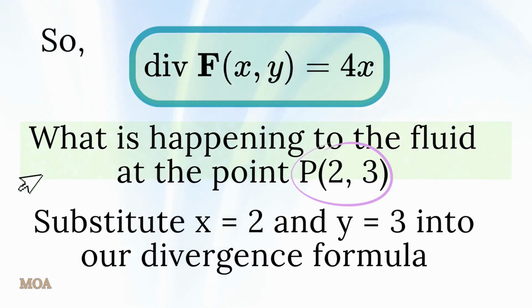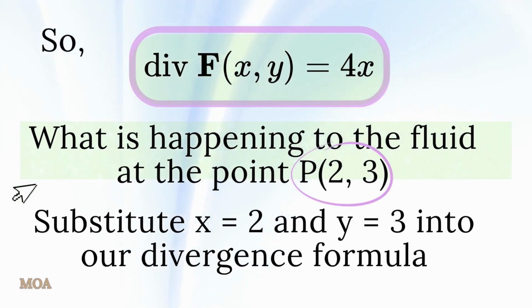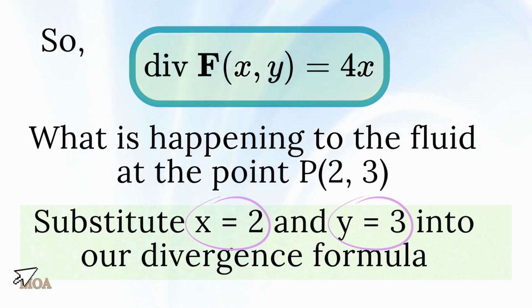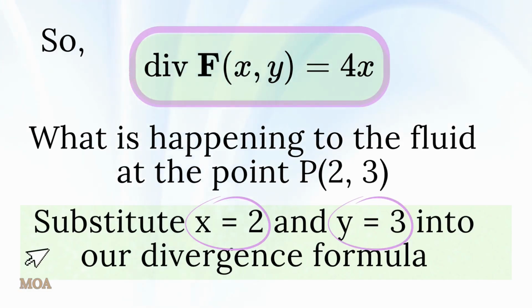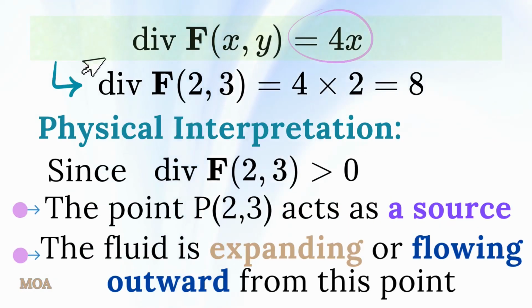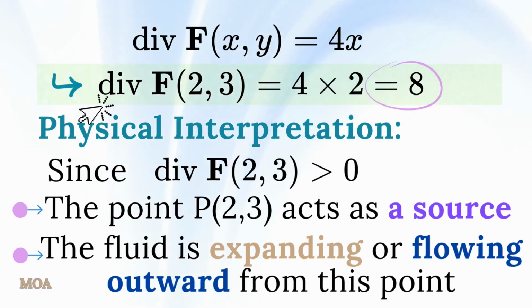Now, to find what is happening to the fluid at the point P(2, 3), substitute x equals 2 and y equals 3 into the divergence formula. The divergence of F(x, y) equals 4x. This yields the divergence of F at the point P(2, 3) equals 4 times 2, which is 8.